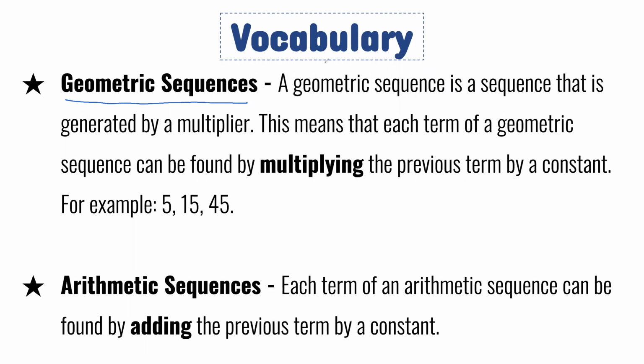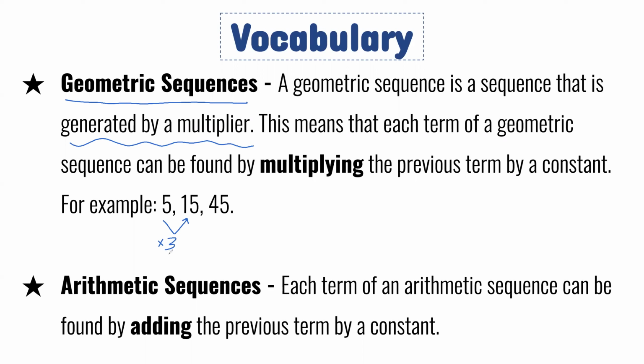A geometric sequence is a sequence that is generated by a multiplier. This means that each term of a geometric sequence can be found by multiplying the previous term by a constant. Here's an example. What is the multiplier here? 5 times what gives me 15? 3.